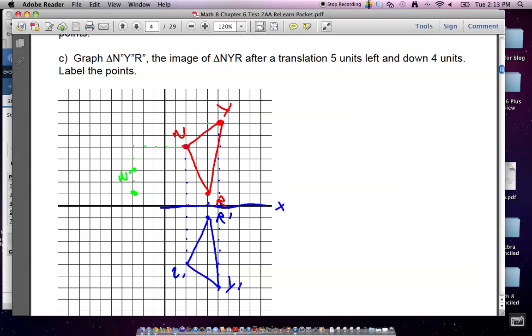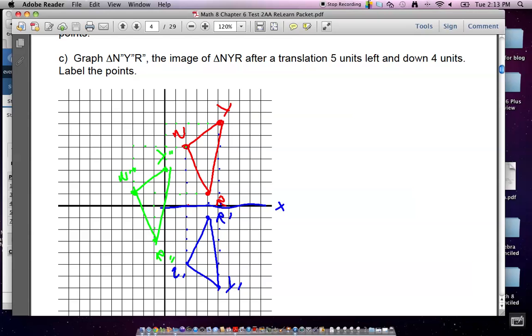Y would be 1, 2, 3, 4, 5, 1, 2, 3, 4. This is Y double prime. And R would be 1, 2, 3, 4, 5, 1, 2, 3, 4. This is R double prime. So here to here to here, the green triangle is the image of the red triangle after a translation, 5 units left and down 4.